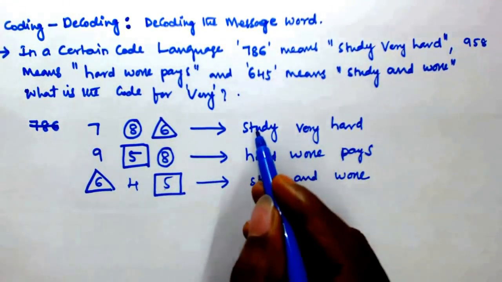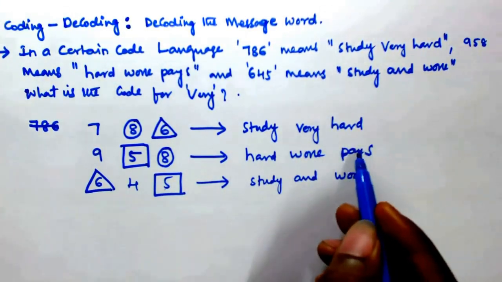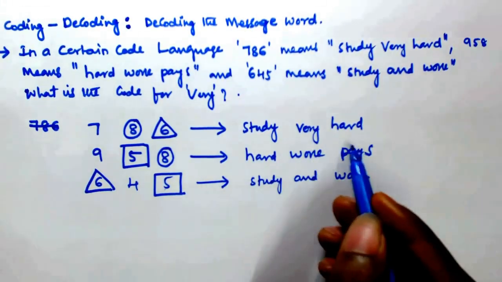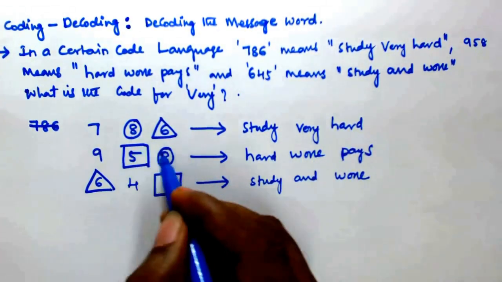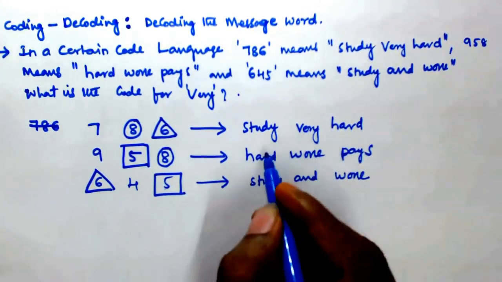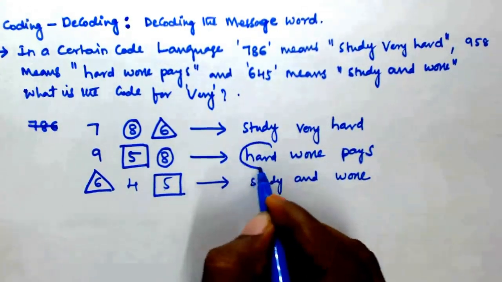What is the common between study very hard and hard work pays? That is hard. So 8 is the common, and in these two the common is hard. So circle the hard.